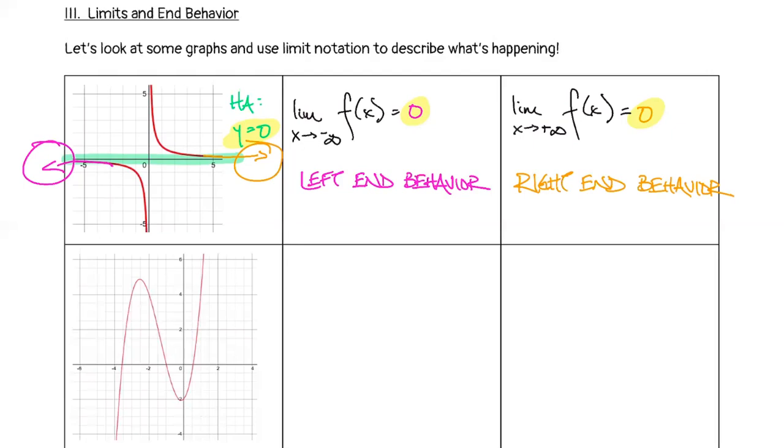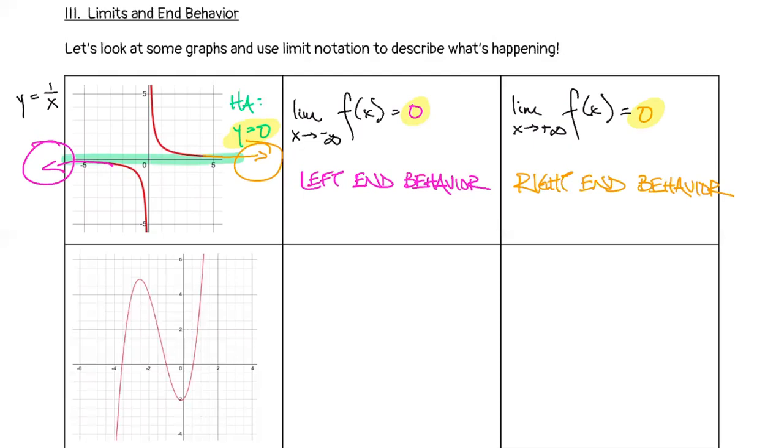Now, earlier with this graph, we said that the equation was 1 over x. And we said that the degree on the top was 0 and the degree on the bottom was 1. And therefore, the degree on the bottom was bigger.